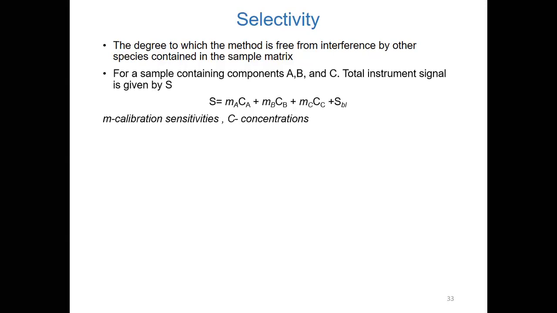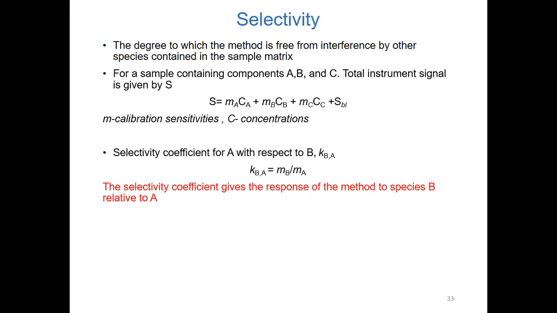M is the calibration sensitivity and C is the concentration of each and every component, right? And S_BL is the blank signal. So this equation will give the total signal, because even though we measure A, we will not get a signal free from B and C because those are interfering reagents.